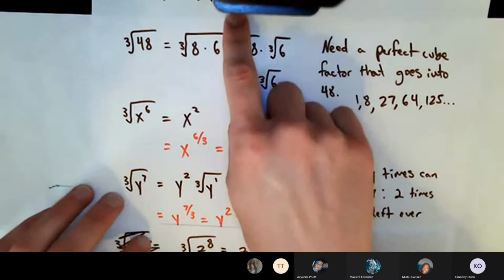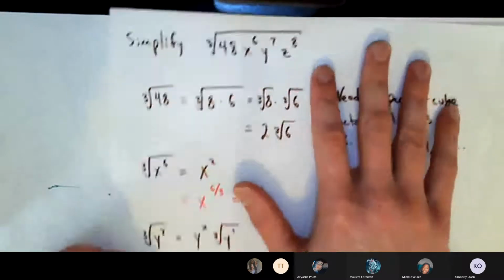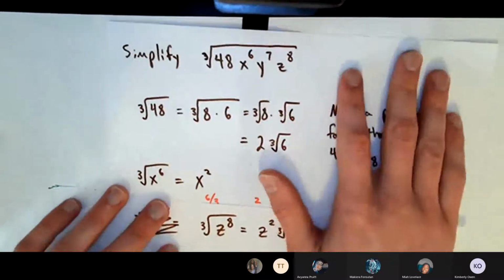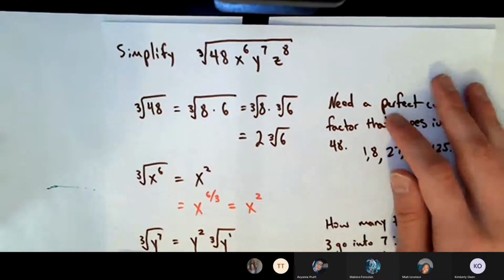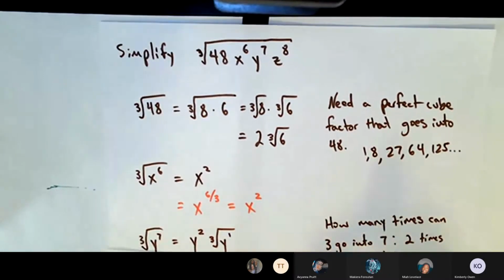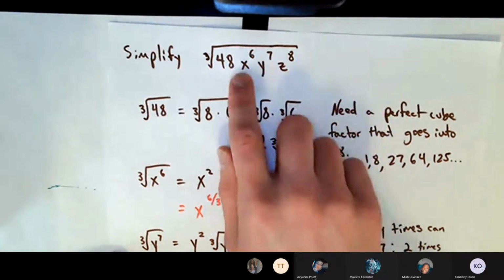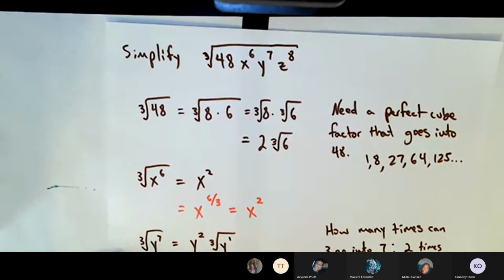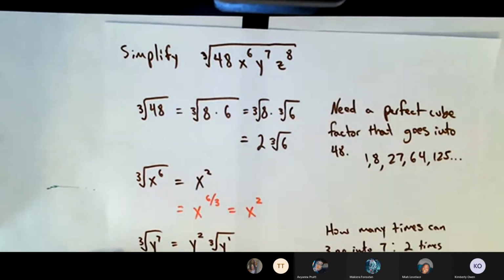But with the variables, you really are just asking this question, how many times can blank go into blank, over and over. And as long as you are good with that kind of question and interpreting the answer, then simplifying radicals with variables under them should get pretty quick.